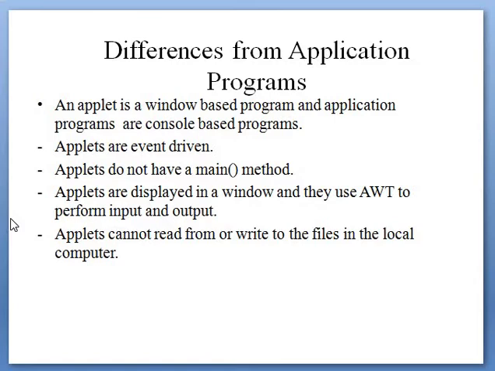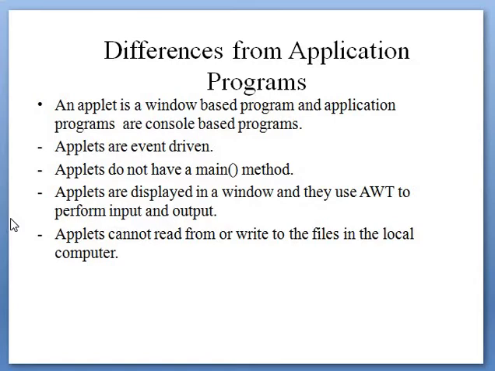Applets are event driven. Event handling means mouse events, keyboard events, etc. For example, on a button click we need to perform something. So there will be an event source, and with respect to that source of event, some response will be there. So that is event driven.